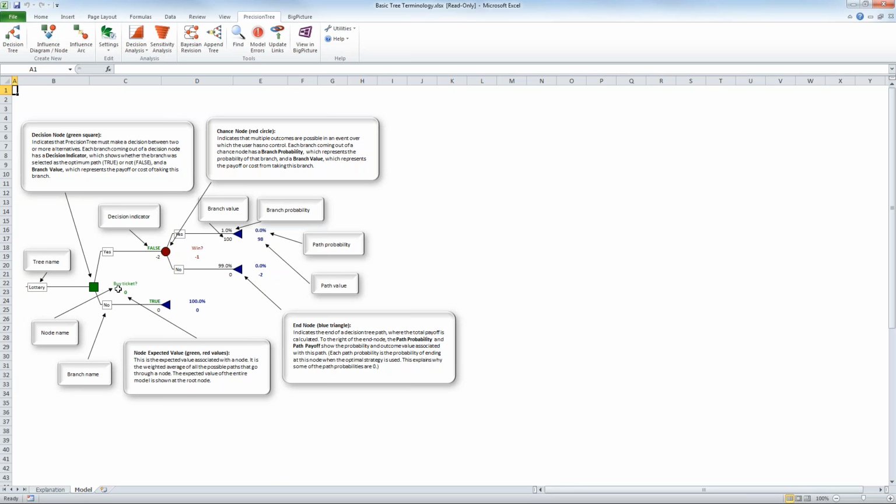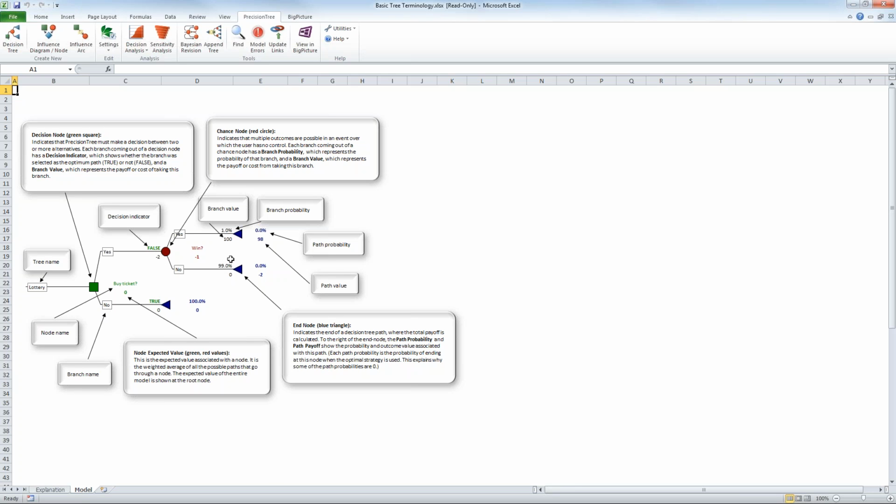This is a lottery example, and we are going to do a handmade lottery example in just a moment. So you have the branch names, yes and no, and branch values: it costs $2 for a ticket, or if you don't buy a ticket, it's $0. You have branch probabilities, which are located here.